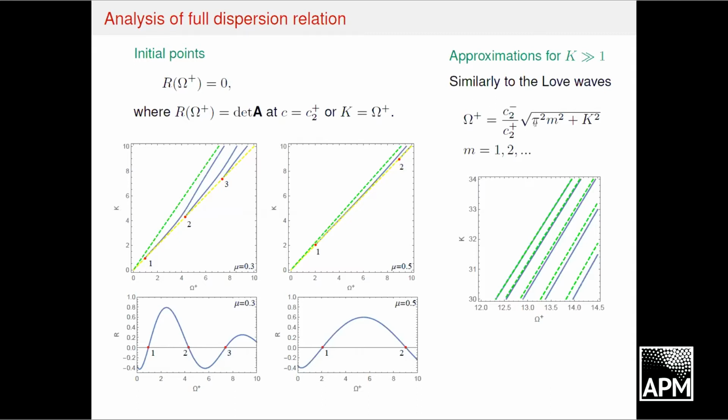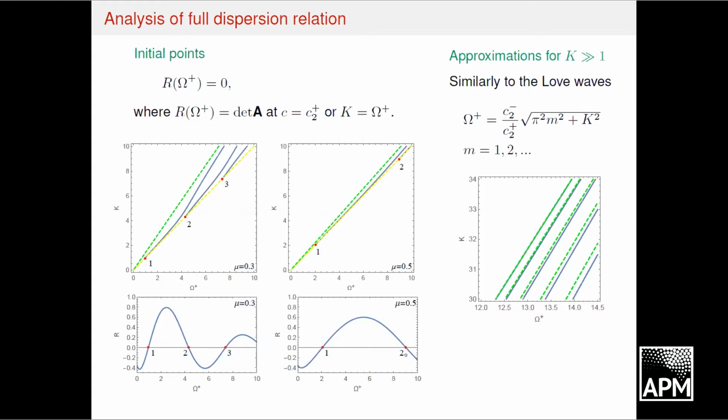You can find this approximation for the shortwave region. However, if we want to find the coordinates of the red originating dots, it will be more difficult because we'll probably need to do that numerically. So we would need to substitute this into the dispersion relation and then solve it. But it's the same idea.